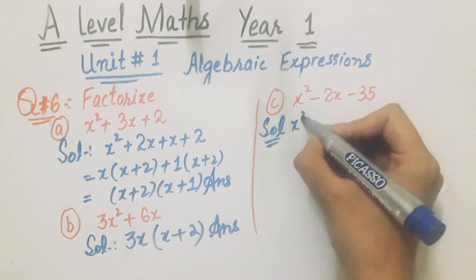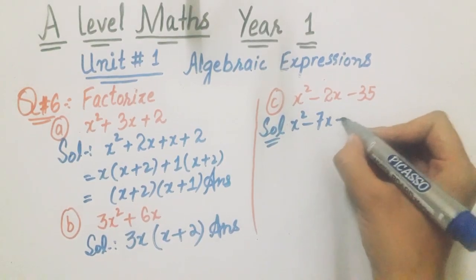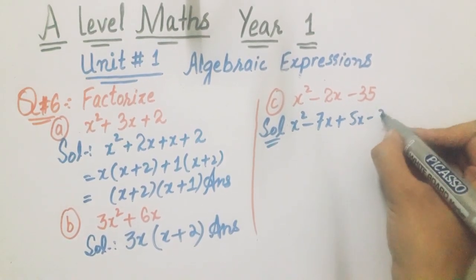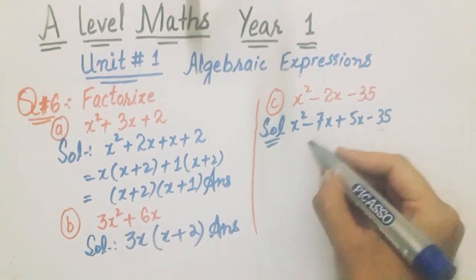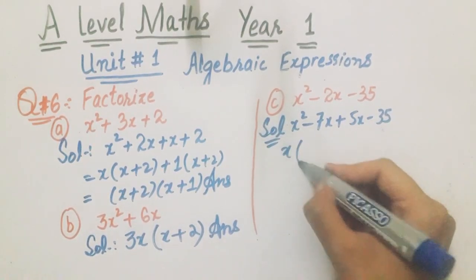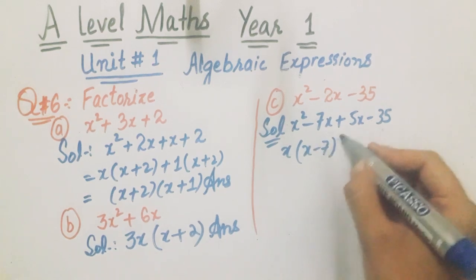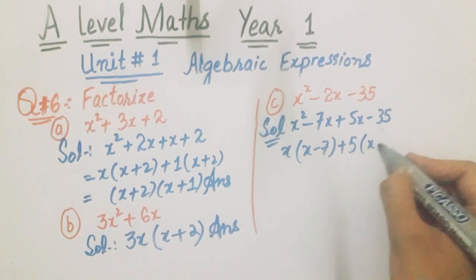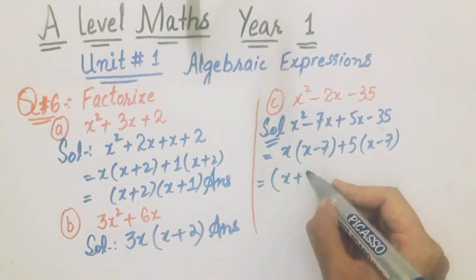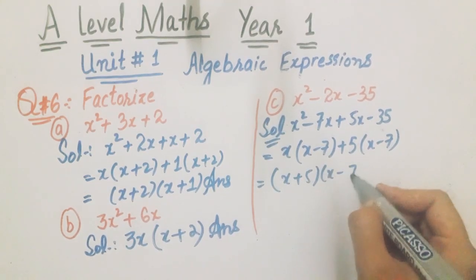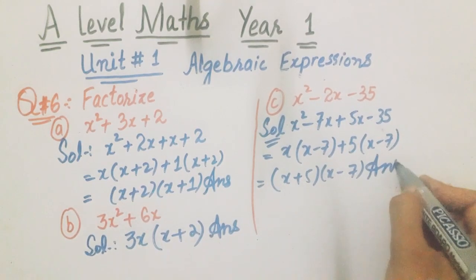So x square minus 7x plus 5x minus 35. Then x is taken common from this. You get x minus 7. Then plus 5, remaining is x minus 7. So it will be x plus 5 into x minus 7. So this is the answer.